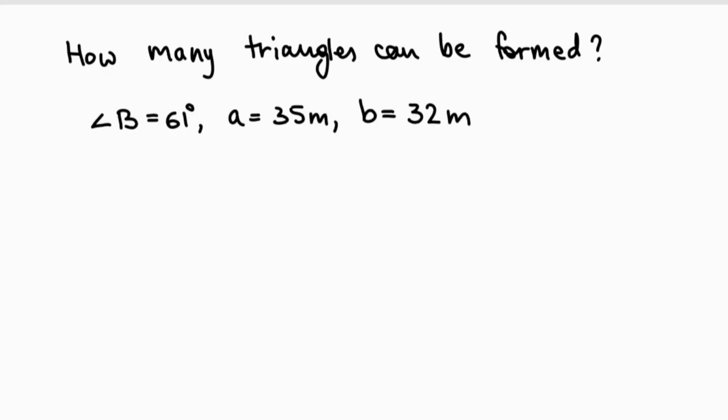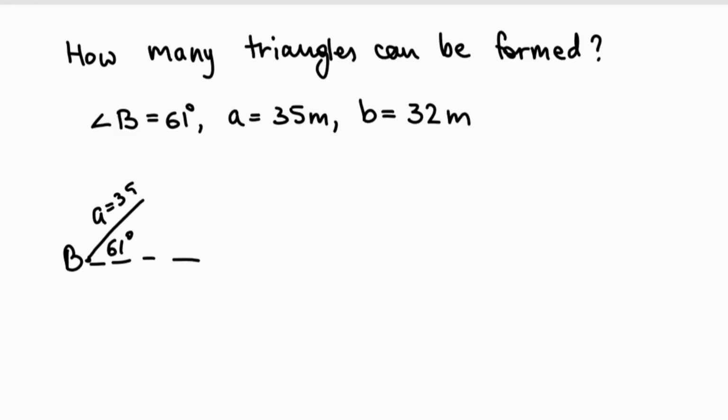Now let's practice a little bit of an ambiguous case. How many triangles can be formed given the following dimensions? So we have angle B, and it is 61 degrees right here. It's an acute angle. Side B is 32. A is 35. So side A will come from here.